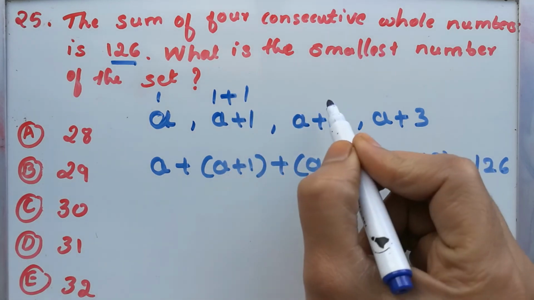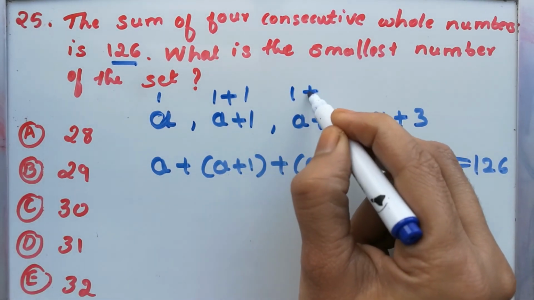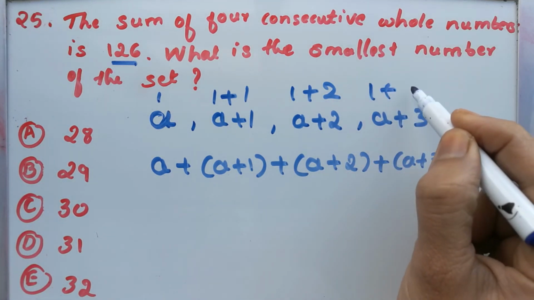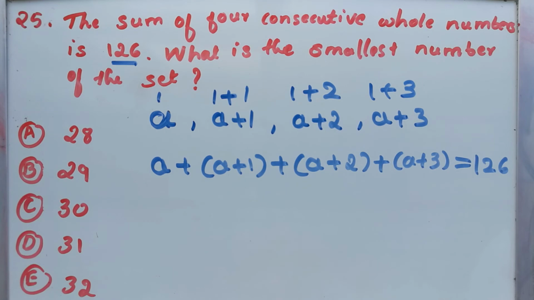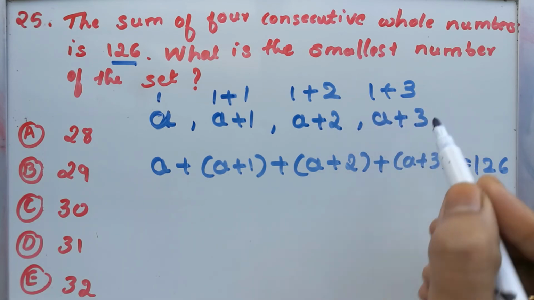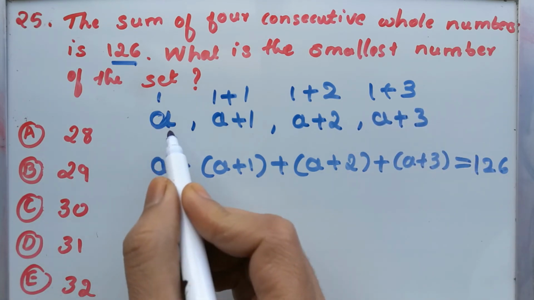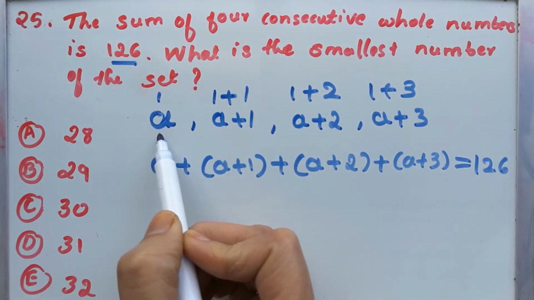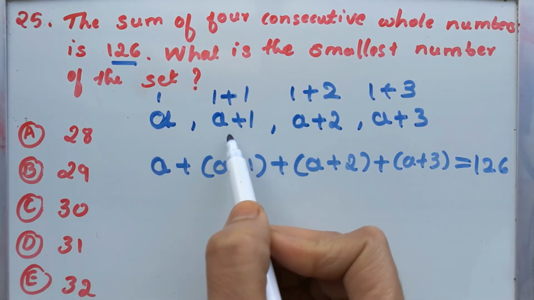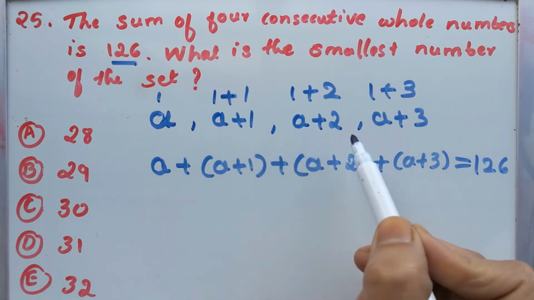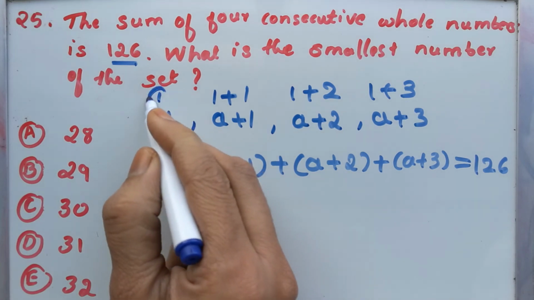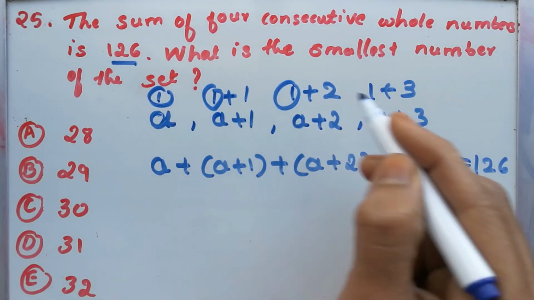After 2 you will get 3. 3 can be written as 1 plus 2. 4 can be written as 1 plus 3. That's why, as we don't know what the first number is, I have taken a. The next consecutive numbers are a plus 1, a plus 2 and a plus 3. So starting number I have taken as a.